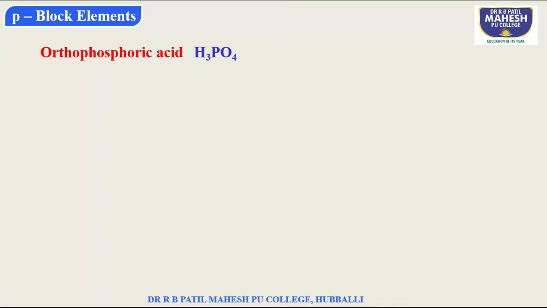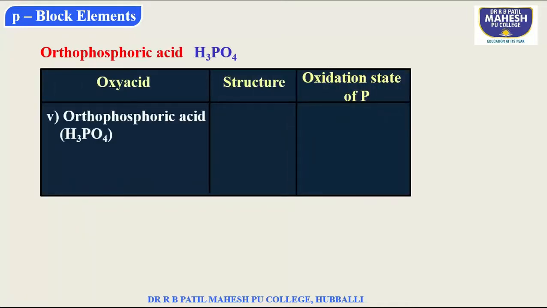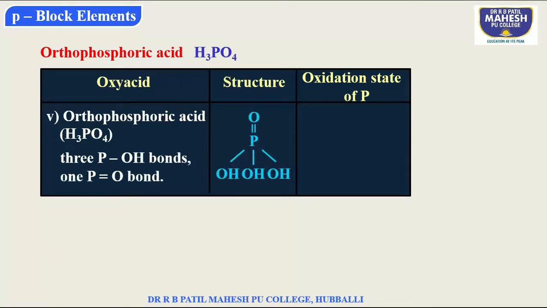Orthophosphoric acid, H3PO4. In orthophosphoric acid we have one P=O and three P-OH bonds, indicating this is a tribasic acid, and it has zero tendency to act as a reducing agent. In this case, the oxidation number of phosphorus is found to be +5.